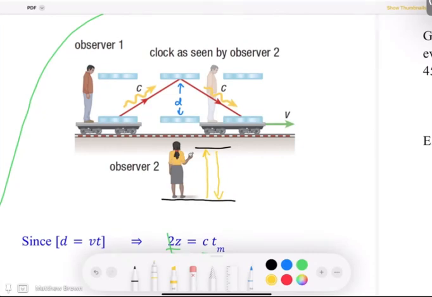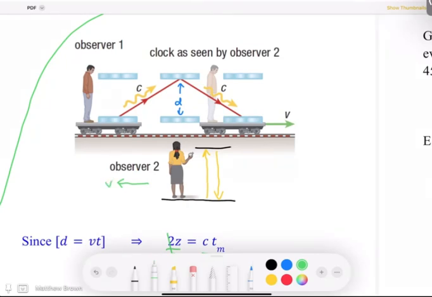So observer 2 would say, no, light takes 1 second to go up and back down, but observer 1, who's passing by at speed v, but remember, from observer 1's perspective, observer 1's not moving, right? From observer 1's inertial reference frame, they're stationary, and it's actually observer 2 that's moving the other way. Observer 2 would just appear to be going with speed v in that direction.